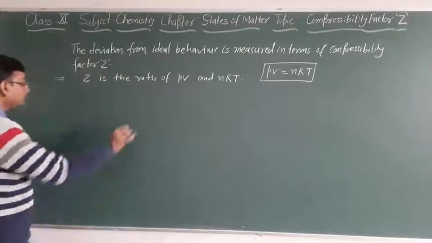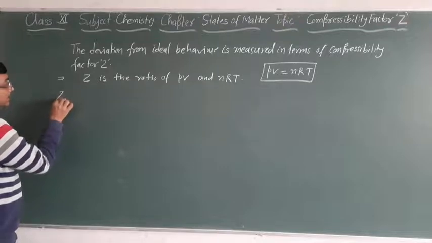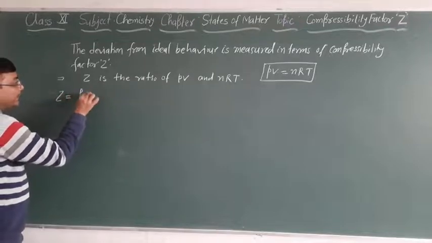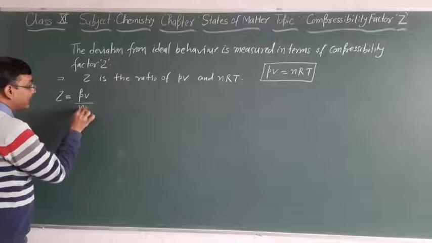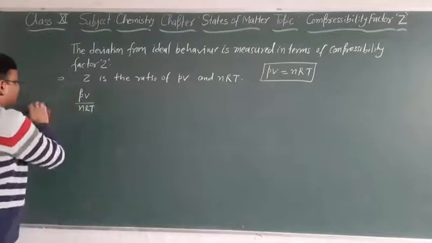Clear? Now we can write Z is equal to PV divided by nRT.